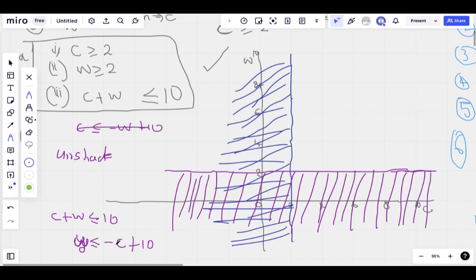So you can see this has a negative gradient.